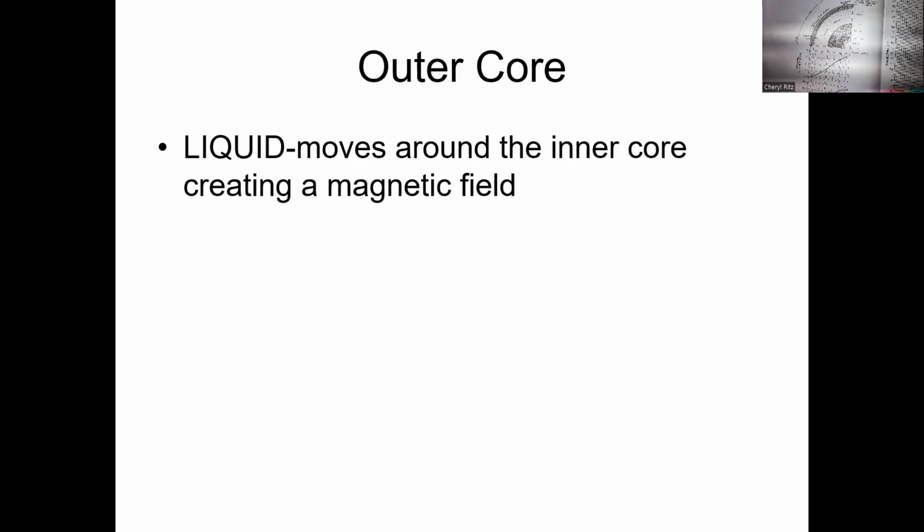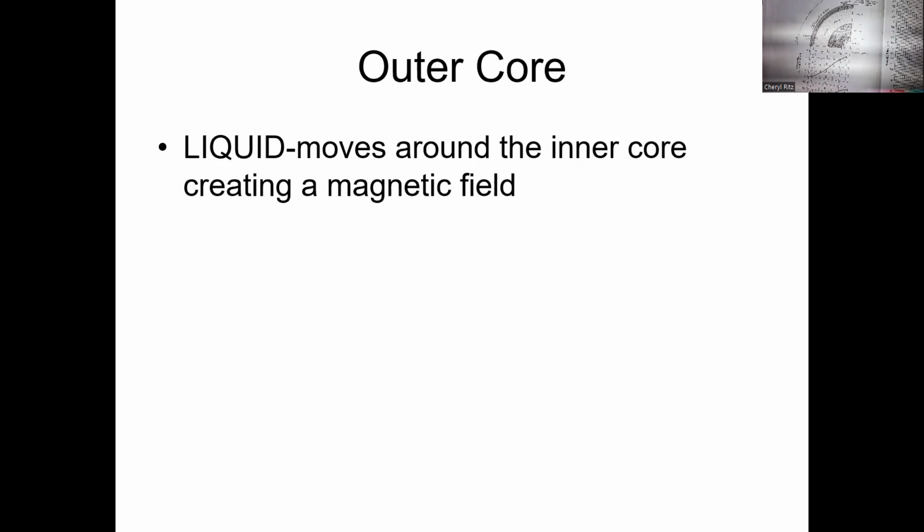All right, the next one is the outer core. I'm assuming you guys remember that there was an inner and outer core from 6th, 7th, or 8th grade. If you didn't, okay, there are 2 layers, the outer core and the inner core. The outer core is liquid.